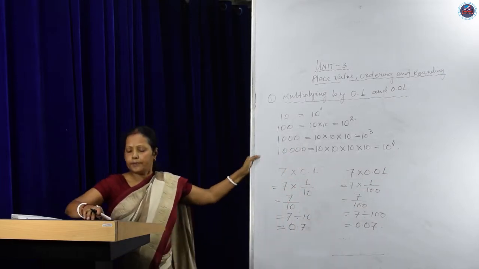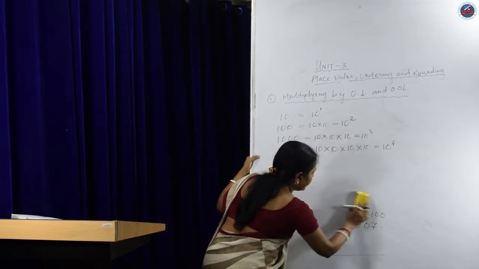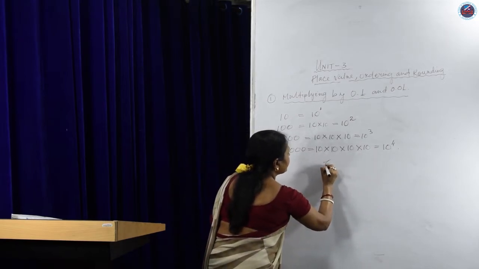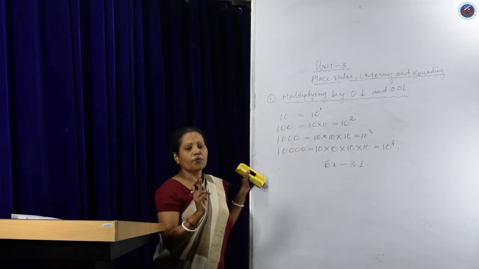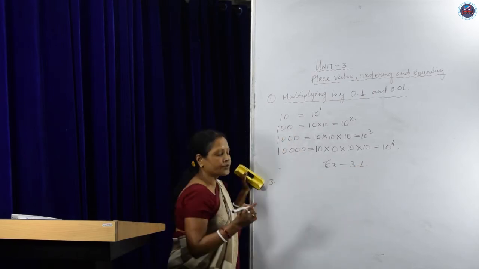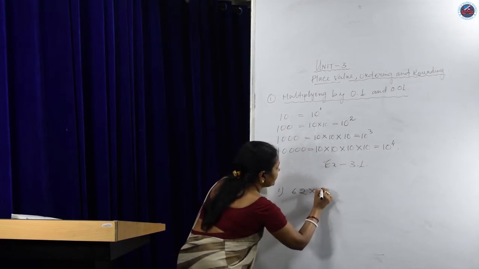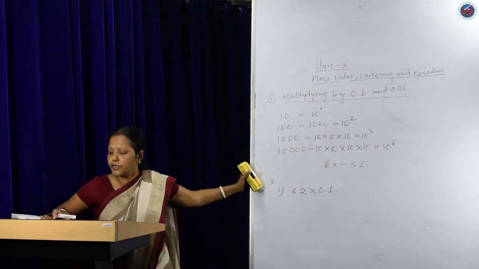For example, in exercise 3.1, check your textbook. In exercise 3.1, question number 3 is given: 62 into 0.1.